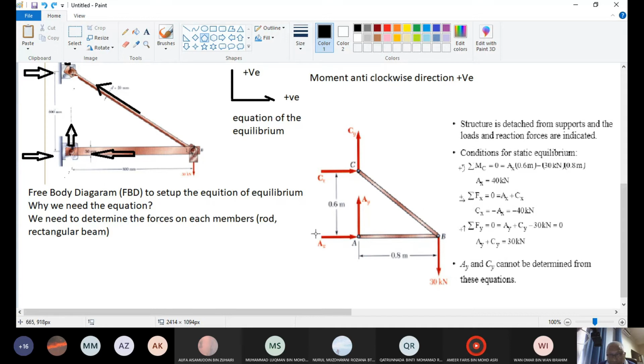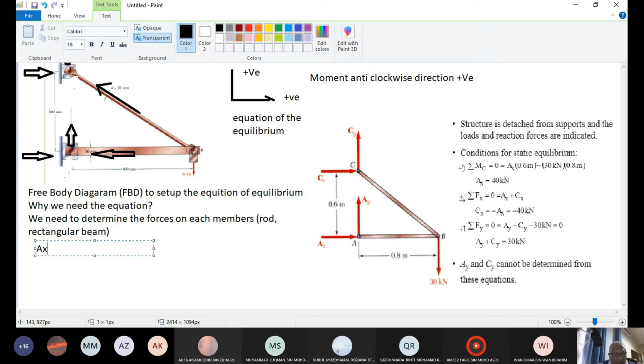In the x direction, the horizontal axis, we have Ax plus Cx equal to 0.